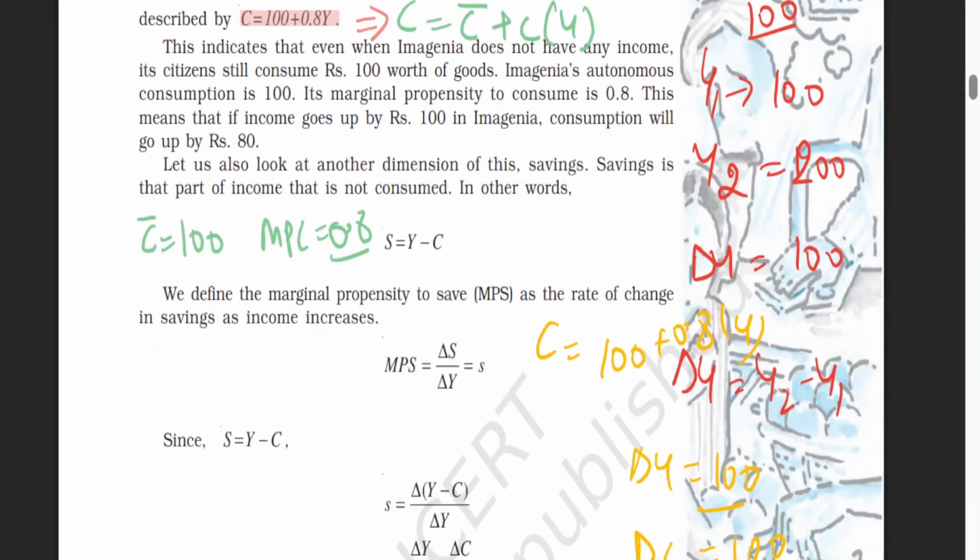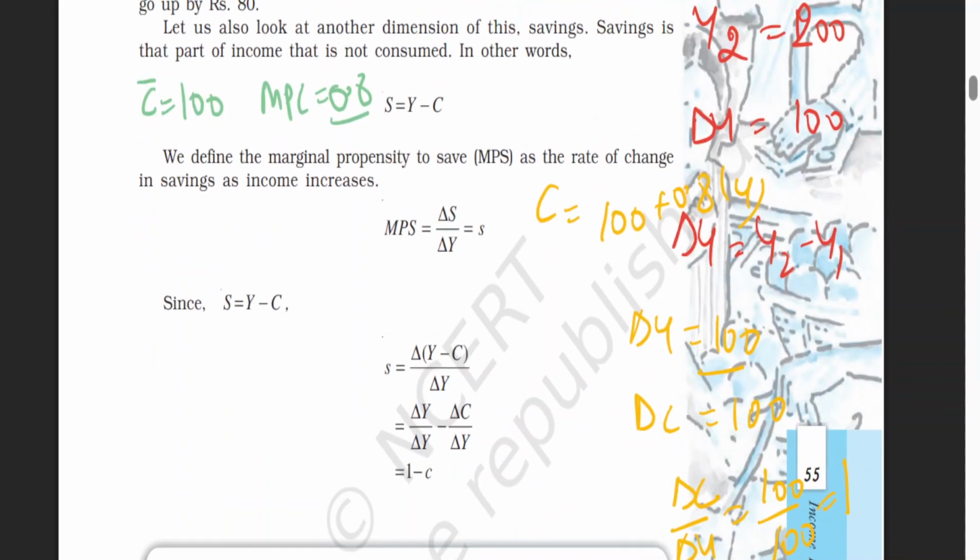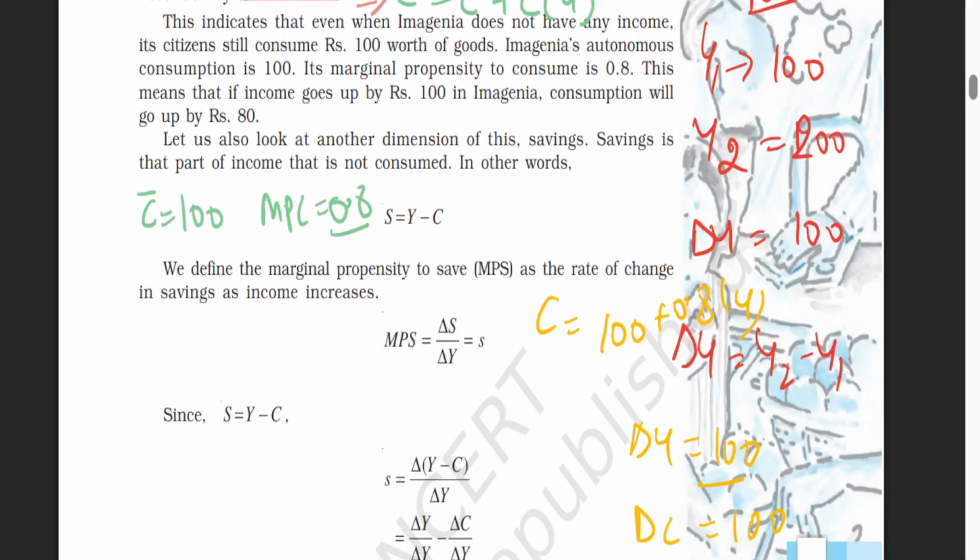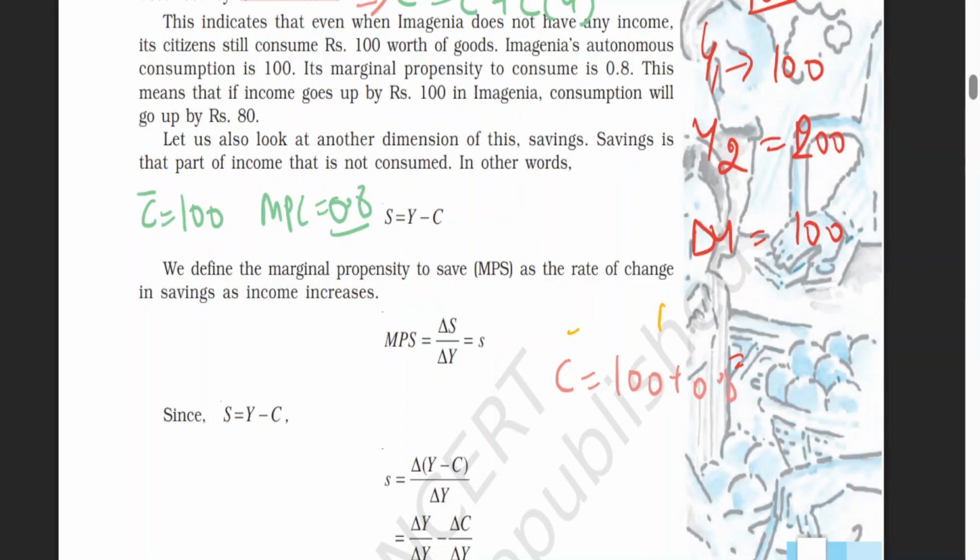Now let me create one numerical for you and then I'll explain the things, right? Okay, let's start. Suppose I have created one consumption function for you, that is c is equal to 100 plus 0.8y, right?